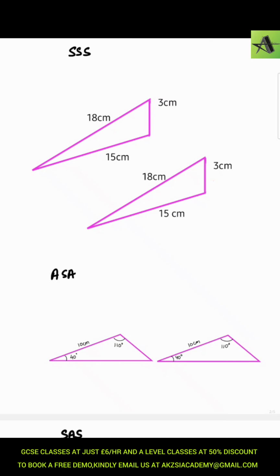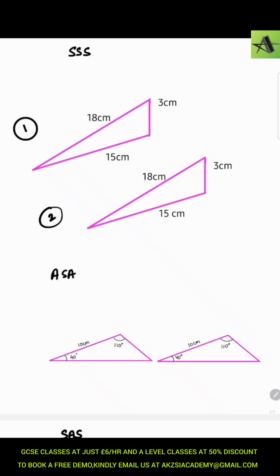It means that all three sides are equal. If two triangles are given, even if the angles are not mentioned, but their three corresponding sides are equal, I can say that these two triangles are congruent triangles. That means their angles are automatically equal. They are replicas of each other. In this diagram, this is triangle 1 and the second one is triangle 2.